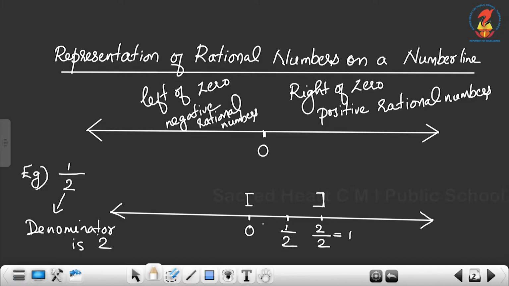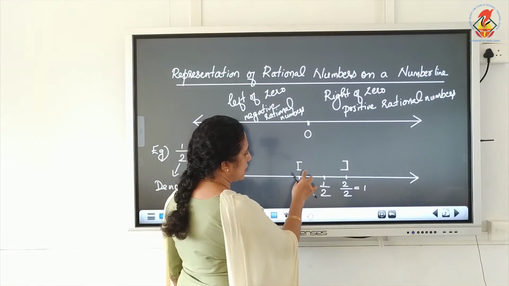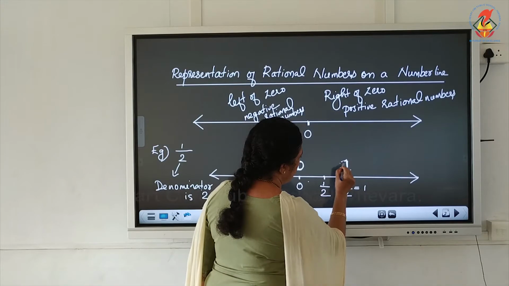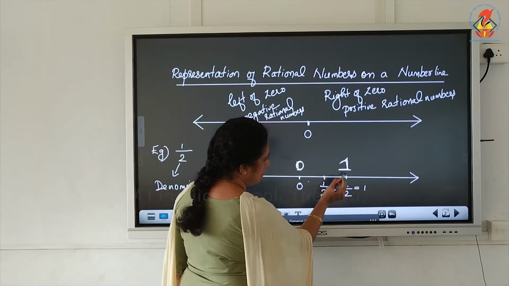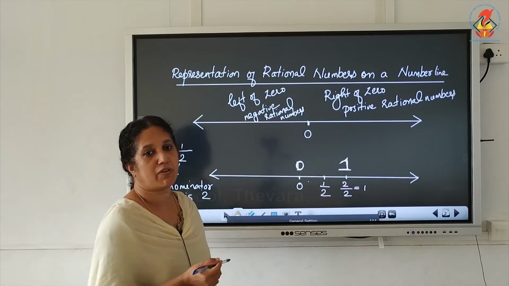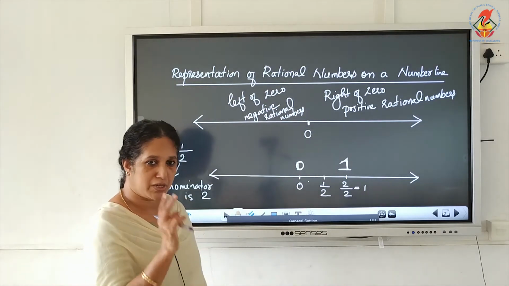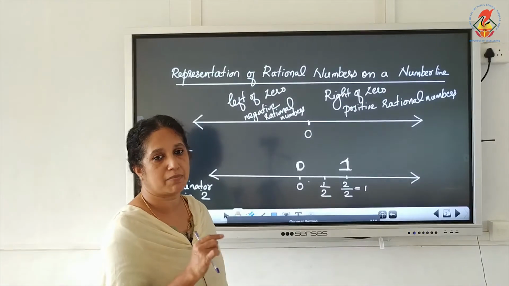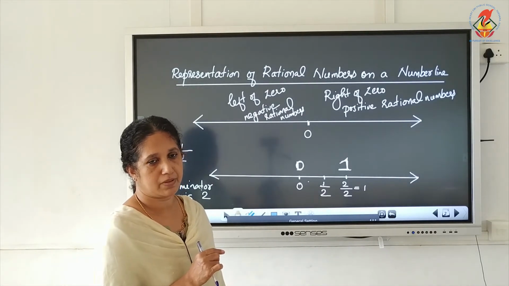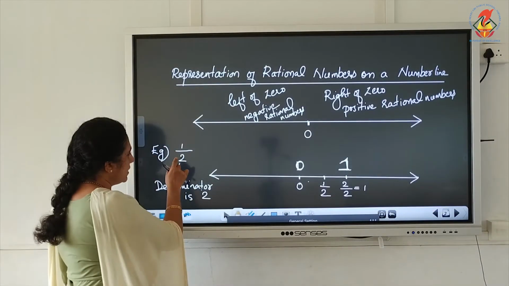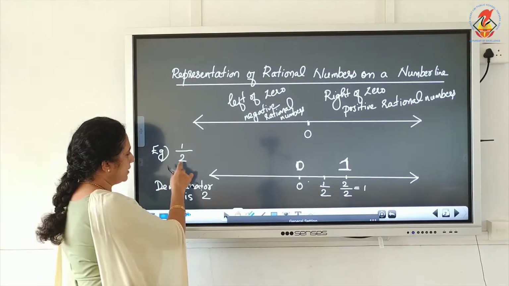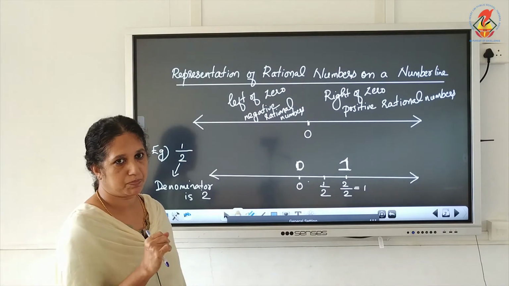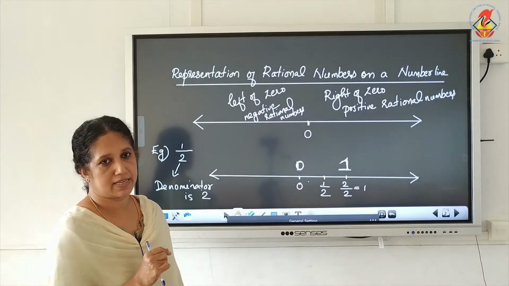So, what is the meaning? The distance between 0 and 1 is divided into how many equal parts? 2 equal parts, and the first part will represent the rational number 1 by 2. So, look at that, the given rational number is 1 by 2. The denominator is 2 and it is a positive rational number.